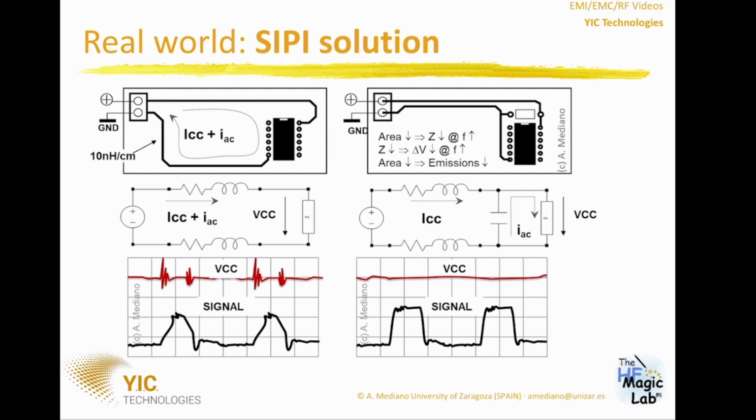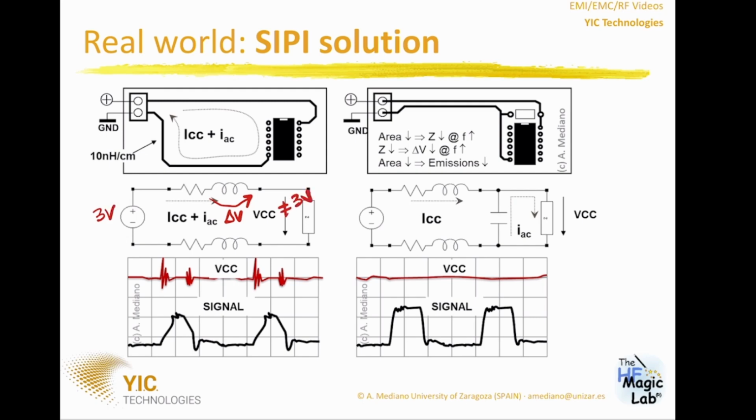Why? Because if you take the AC current and you consider that in this inductance we have a voltage drop, because anytime current is changing in an inductance, you have a voltage. Voltage is L di/dt. So if you have a voltage drop in this inductance, the problem is that from your ideal 3 volts, you don't have 3 volts in your device.